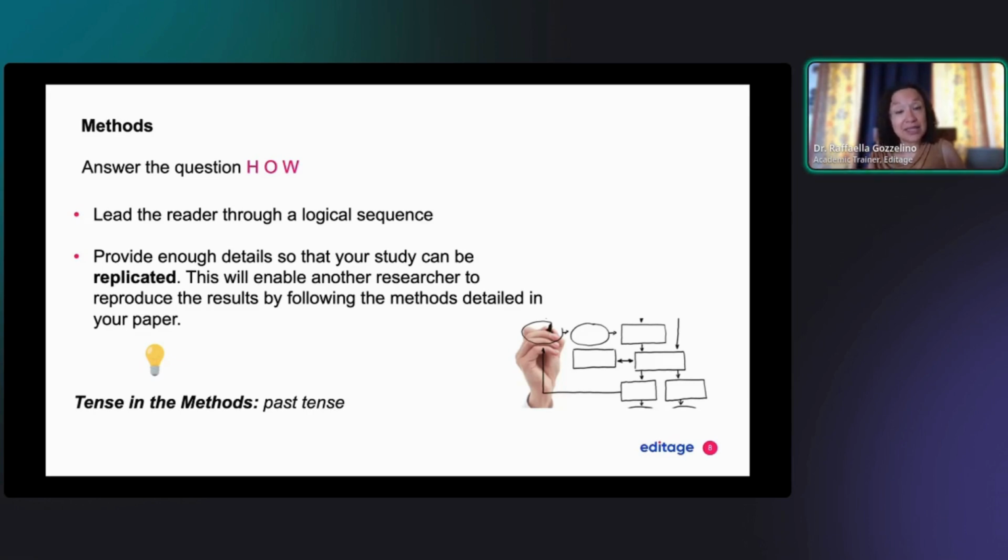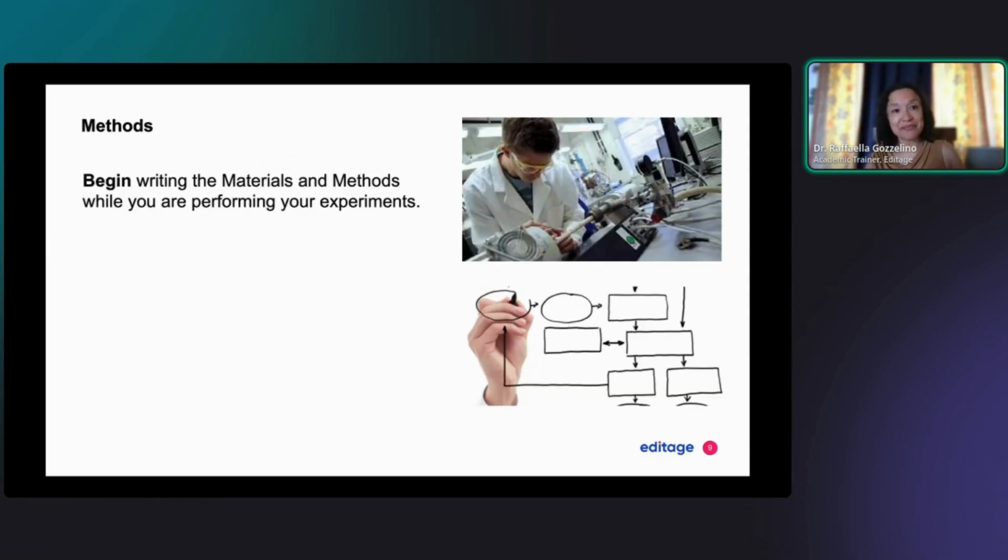But the tense in the methods section is past, because it's something that you already did. So begin writing the materials and methods while you are performing the experiments. And I'm always advising students to do that because the methods section is a very easy section to write.